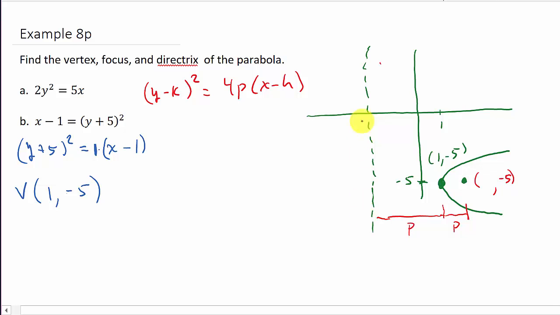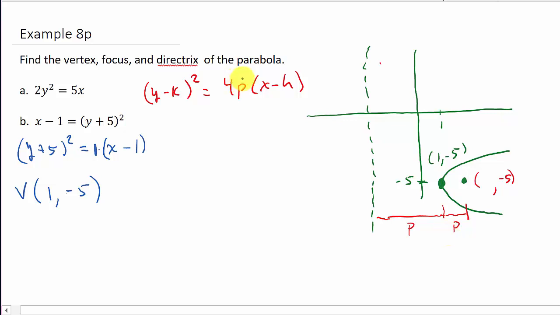I probably didn't draw that right, but all we're doing right now is trying to get a visualization to make it easier to find this x coordinate. I know these distances are way off, but it's just to help us solve the problem. So what we need to do now is figure out what p is.